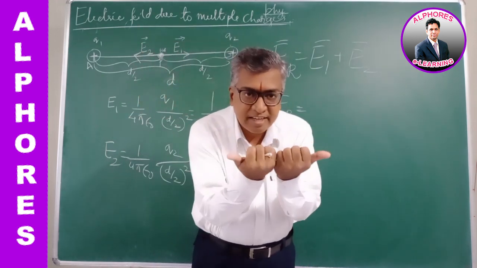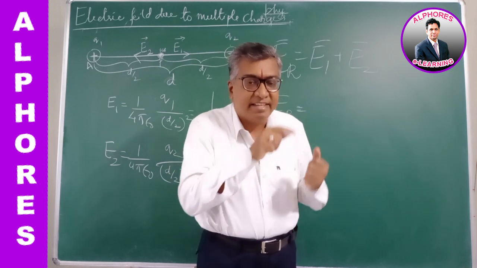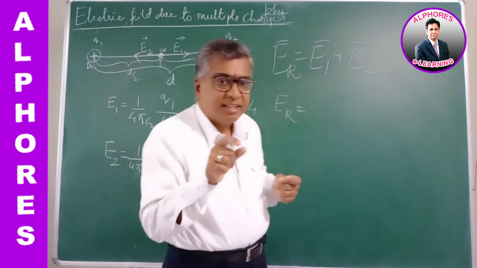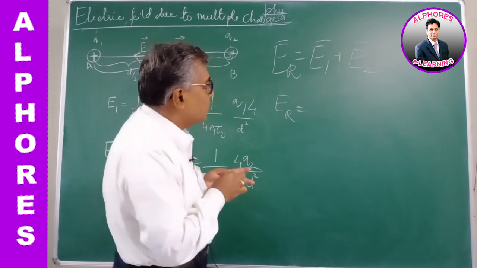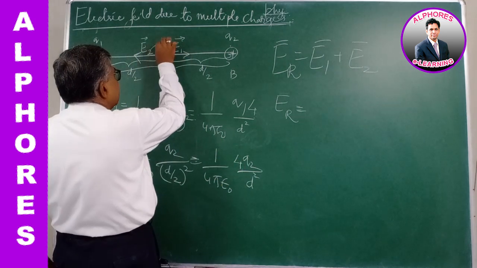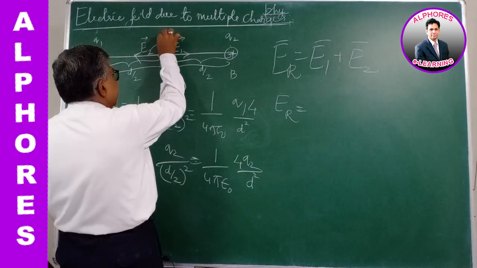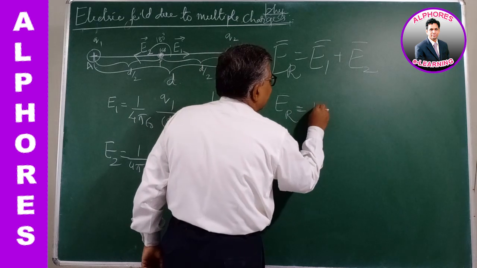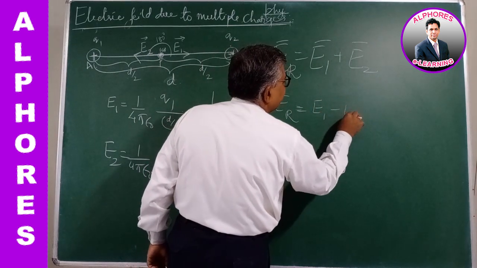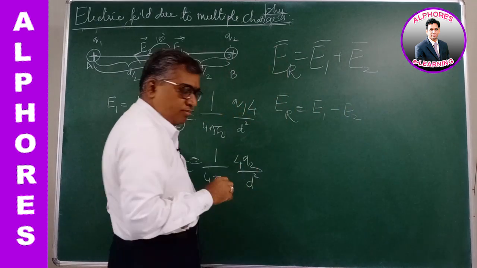If vectors are in opposite direction, the angle is 180, cos 180 is minus 1, and the magnitude of the resultant is the subtraction a minus b. So now these two are in opposite direction, the angle is 180 degrees. Therefore the magnitude of the resultant field is E1 minus E2, according to the parallelogram law of vectors.